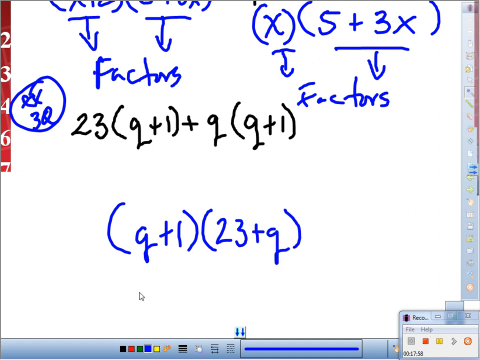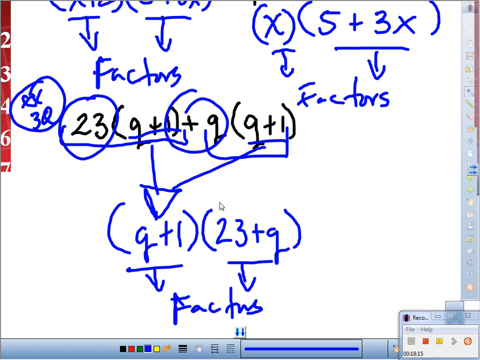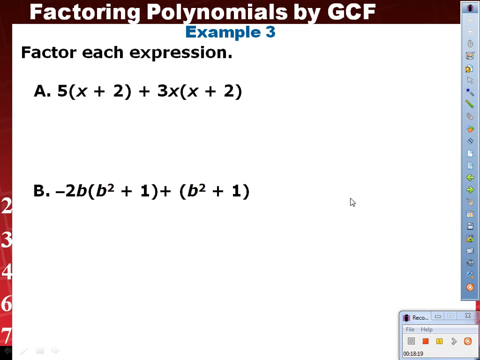Hands if you got that? Yes, and these are my factors. So yeah, these two terms had this in common, which goes here. And what's left? This one and this one. That's how we get this. All right. Copy this one.